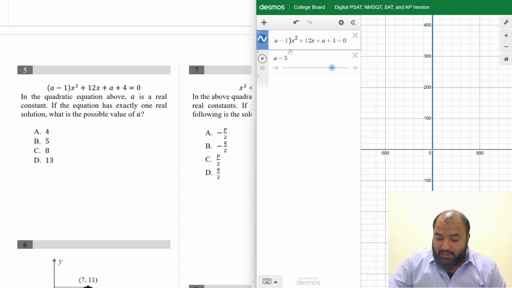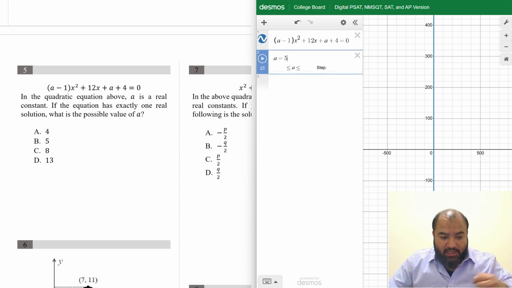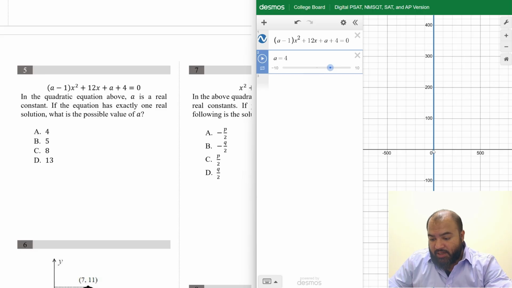For question 5, you can type it into Desmos as well. I did, but remember, it doesn't recognize what a is, so I had to open up another one. So a equal to, I'm going to try out the options. Let's say a equal to 4. I see that there are 2 answers, very close to each other. You can zoom in and reduce the scale to see it better, but it's a little denser.